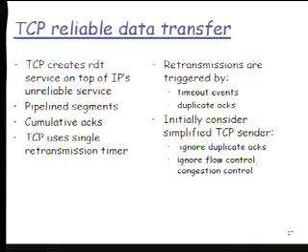Now, as we have said earlier, TCP implements reliable data transfer. TCP creates this reliable data transfer on top of IP's unreliable service. We have already seen that all the things that are needed to implement reliable data transfer are in place with the TCP segment structure.